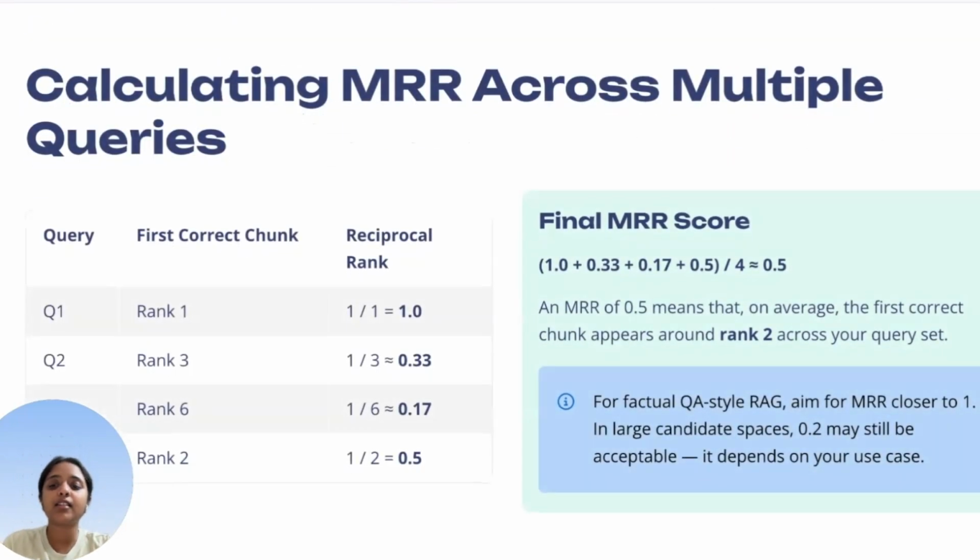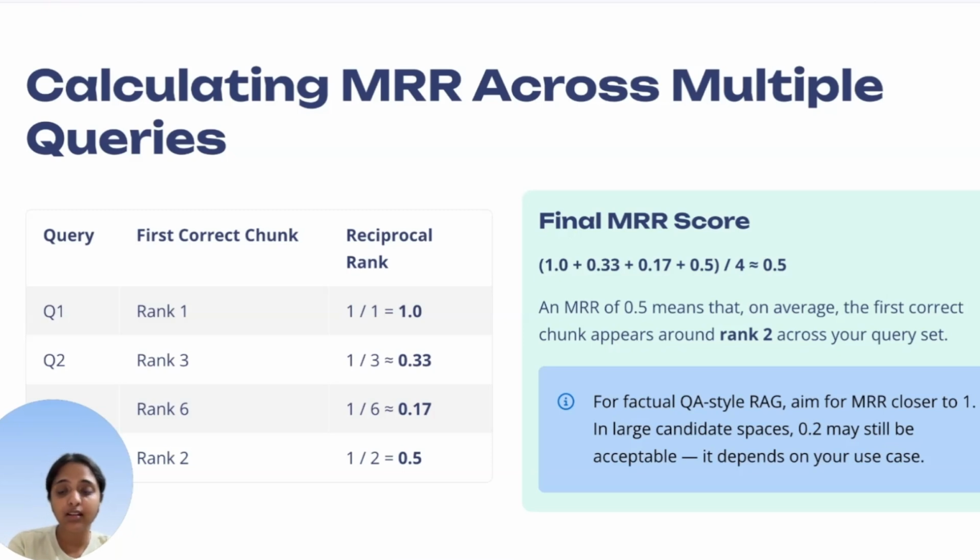Say we calculate across a series of queries. We take the average of all the values at the end. Here it is 0.5. So MRR is 0.5. That says rank 2 gives us 0.5. It's an okay metric, not the greatest.